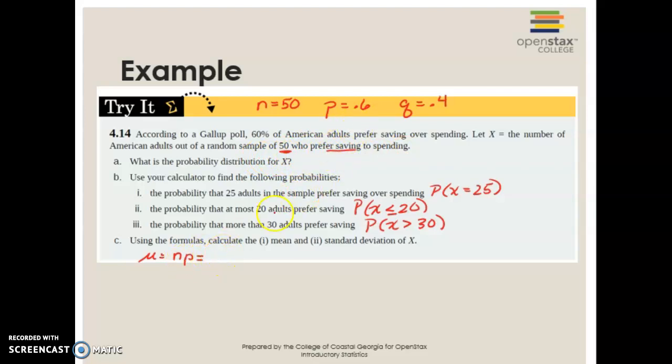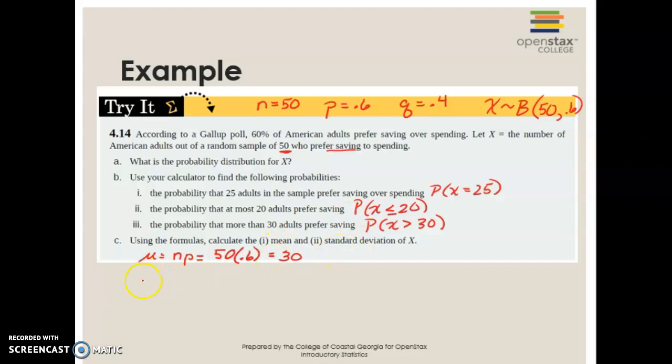So your mean here is going to be 50 times 0.6, which is 30. That is your actual mean.